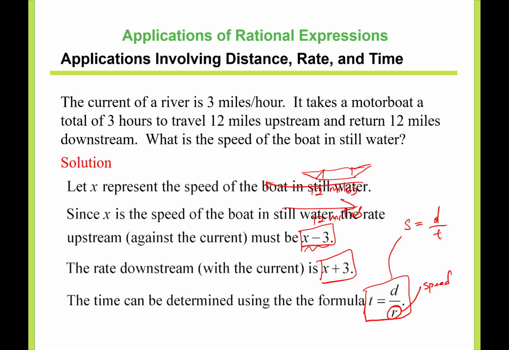If I switch this position right here, notice that t would still be d over s if I rewrite, right? Because if I multiply t by s, that's st equal to d. So as a result, t is going to be d over s. This is the distance, that is the speed.